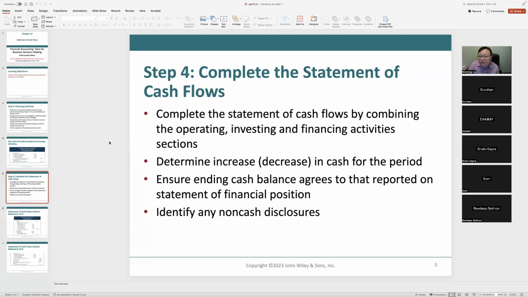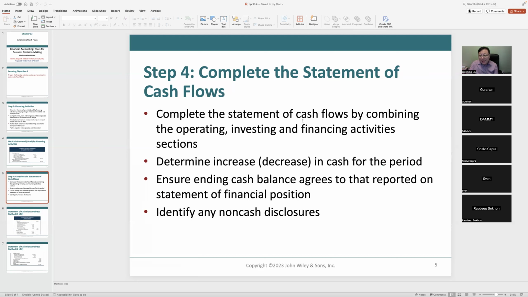So we have finished all three sections: operating activities, investing activities, and the financing activities. Okay, so now we need to combine those three sections together to complete the statement of cash flows. So combining the three section numbers together, you would get a net increase or decrease in cash for the period.